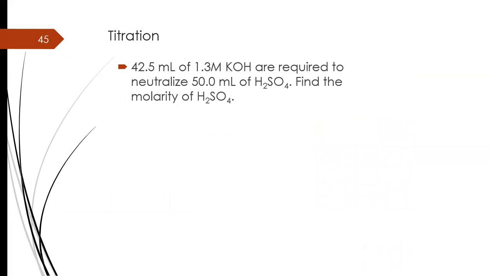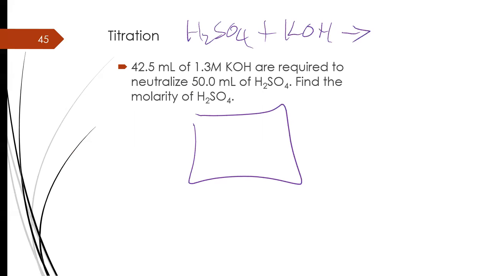So let's try one. 42.5 milliliters of 1.3 M KOH are required to neutralize 50.0 milliliters of H2SO4, or sulfuric acid. What is the molarity? Our first part is we have to write our equation. So we have H2SO4 and KOH. If you're not sure what to do, then make our boxes. We have H plus, SO4, K plus, and hydroxide, and we can look at what we should be producing.